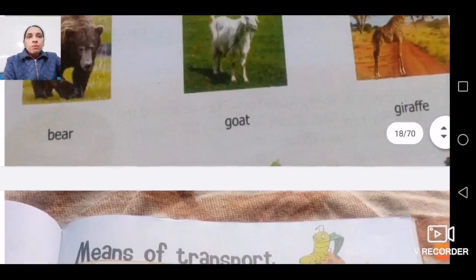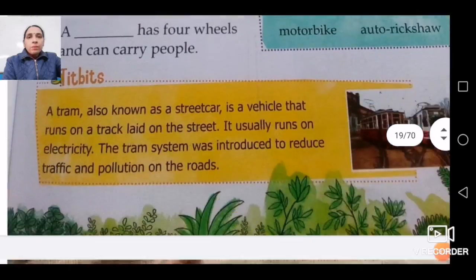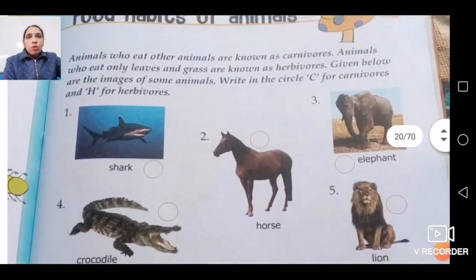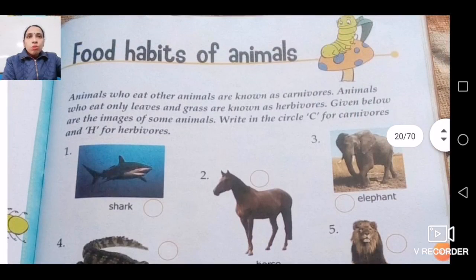So children, one more thing I want to share here, that is food habits of animals. Although we have done the revision of this topic, food habits of animals, earlier also, I am going to continue here because we are talking about wild animals, domestic animals, and pet animals. The categorization of wild animal and domestic animal is according to the habitat. Where do they live? According to that we will categorize them.